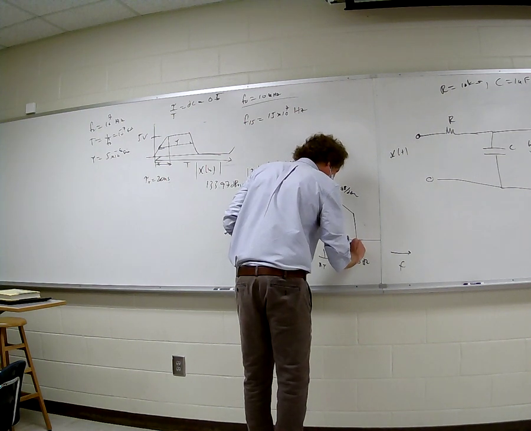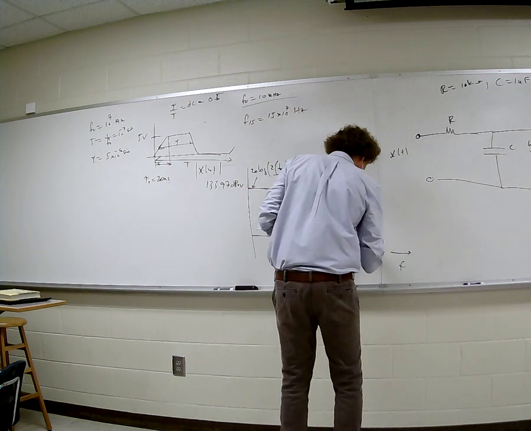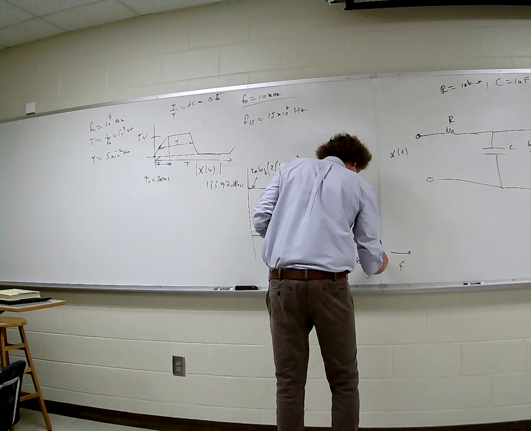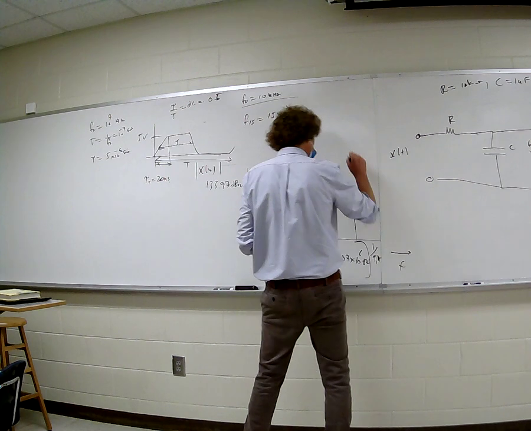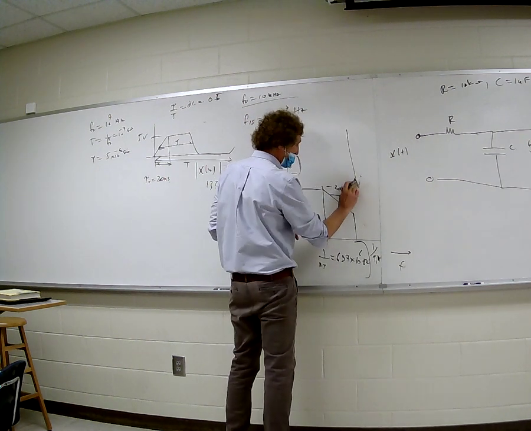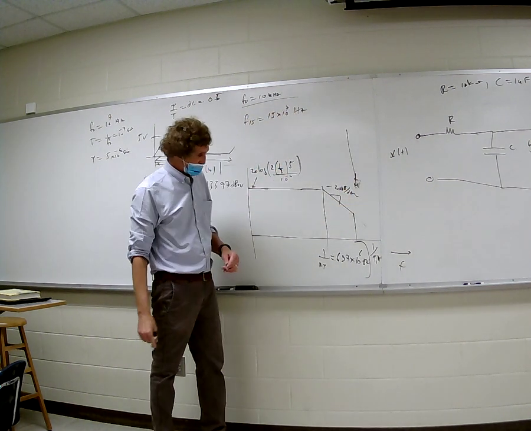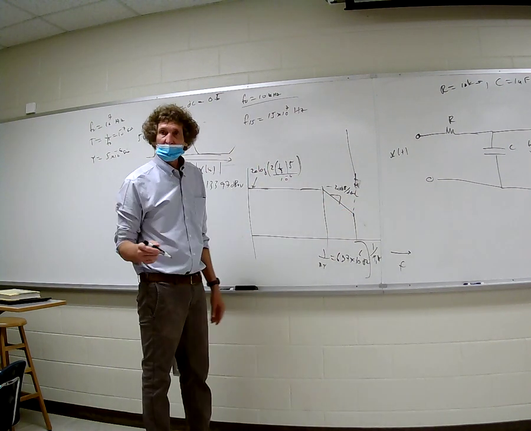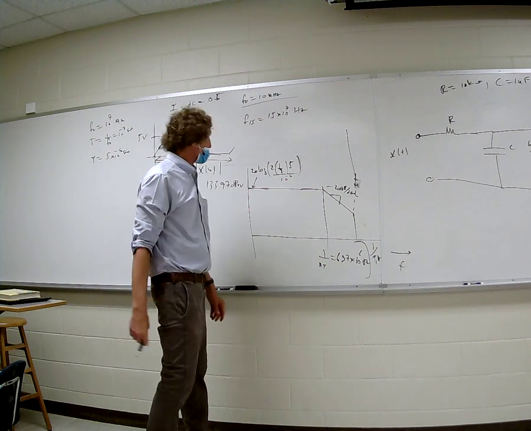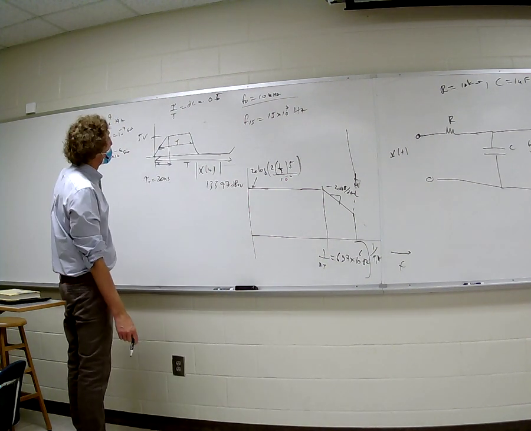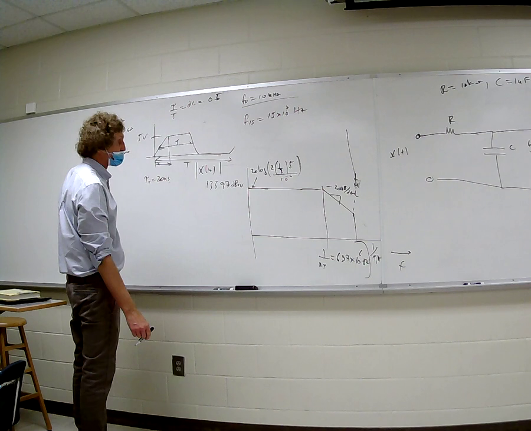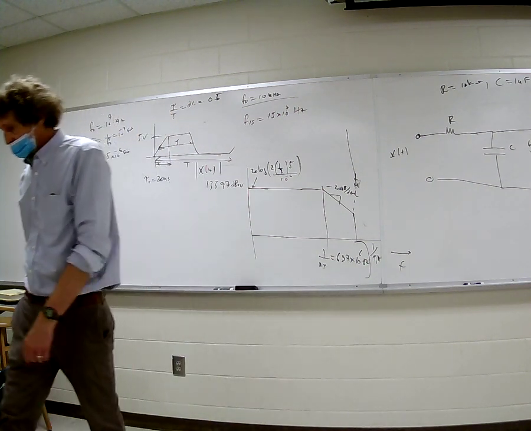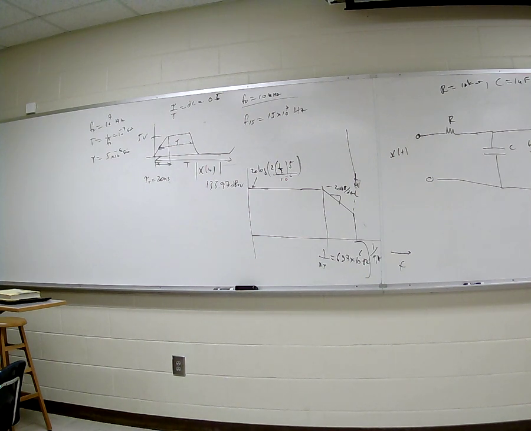This point is 1 over tau rise times pi. Where's this frequency? Can you give it to me? 1 over pi tau rise. Tau rise, I made 20 nanoseconds. So what is it? And that's, by the way, the fourth one.